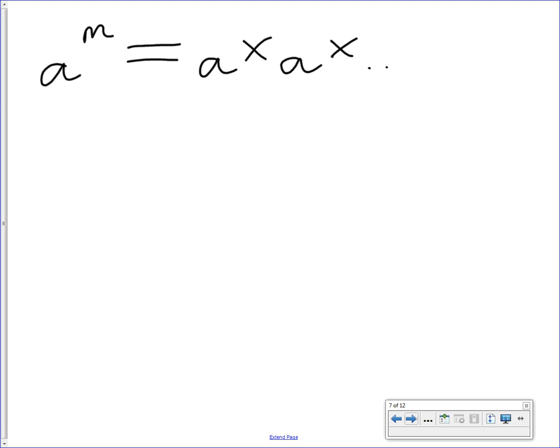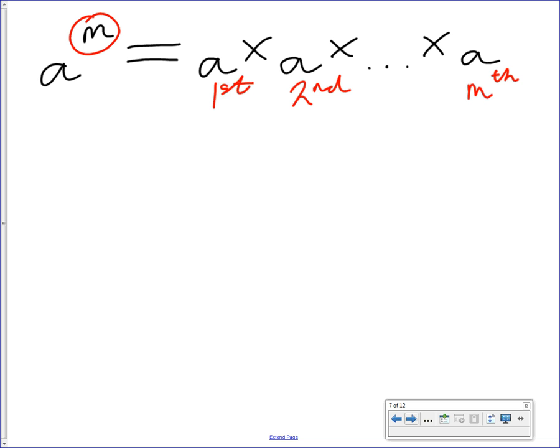So, first rule. Let's say I had a to the m. Now, a to the m would equal m a's multiplied together. So I'd have a times yada yada yada times a. And I've got my first a, my second a, and my mth a.